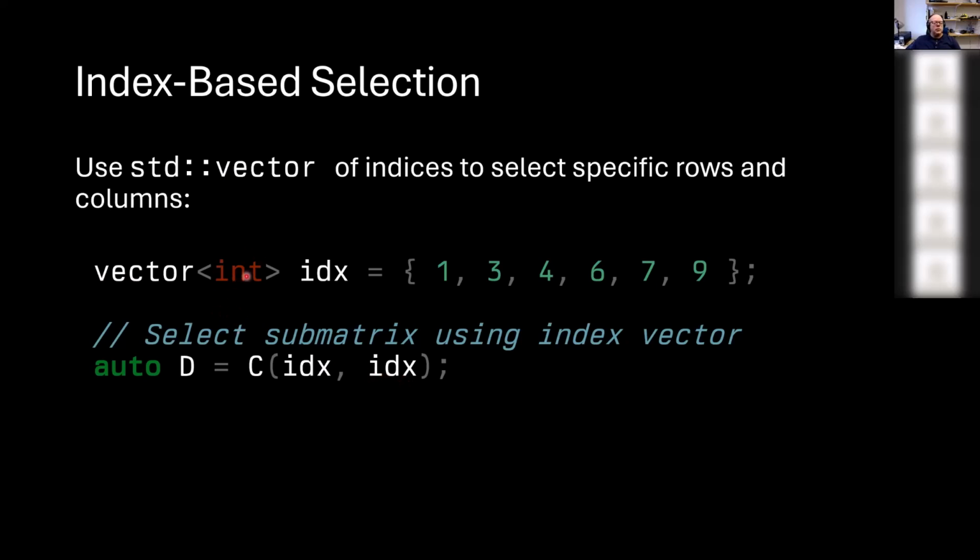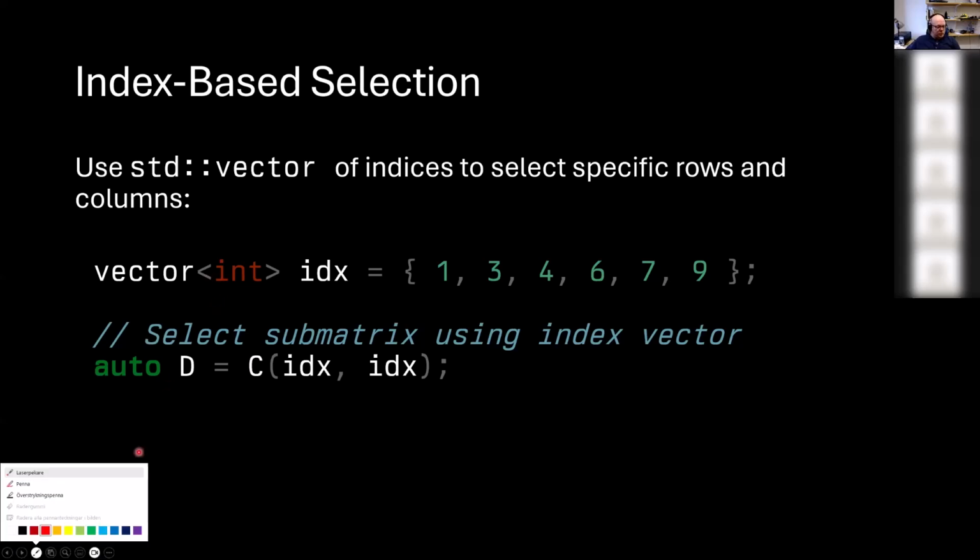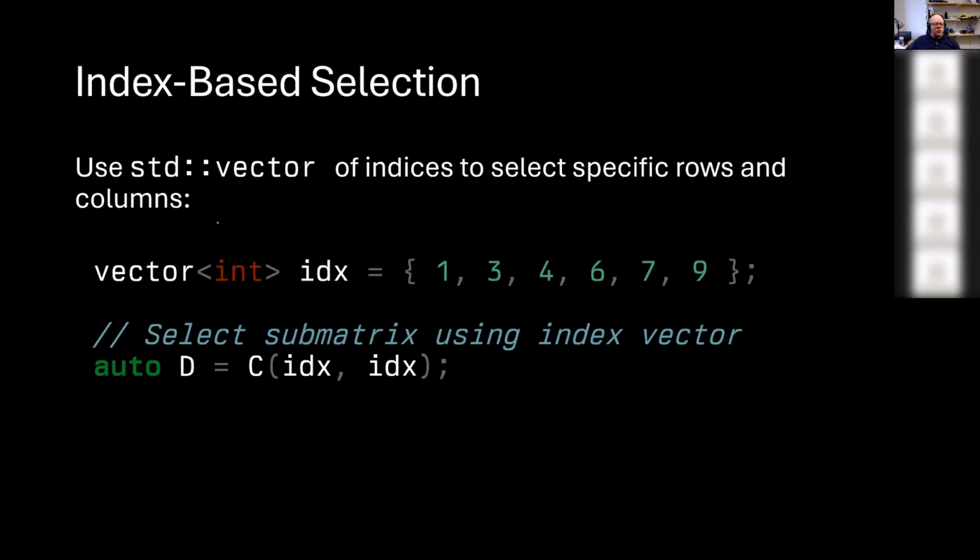I think my example I will show later. I've actually updated this, so you can have int here, but you will get a compiler warning. If you want to be completely correct, it should say Index here instead. I will update that in my slides later. This is the index data type from Eigen.